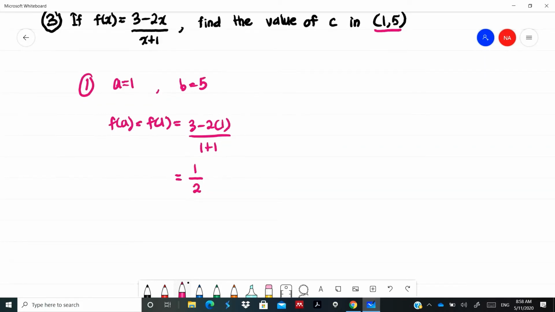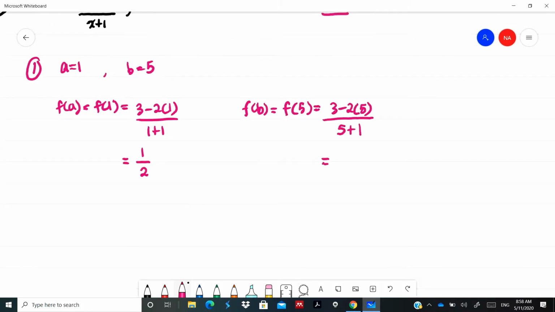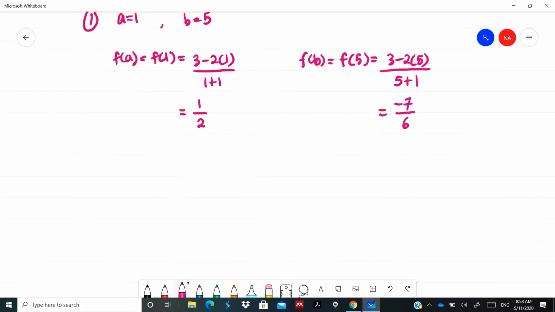Then we find f(b), which is f(5): 3 minus 2 multiplied by 5, over 5 plus 1. That is 3 minus 10, negative 7, so negative 7 over 6. So we already have these.